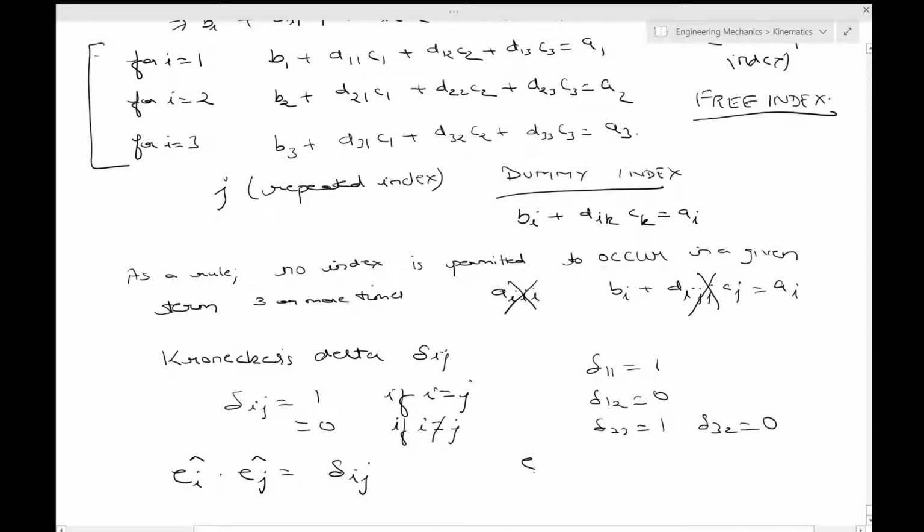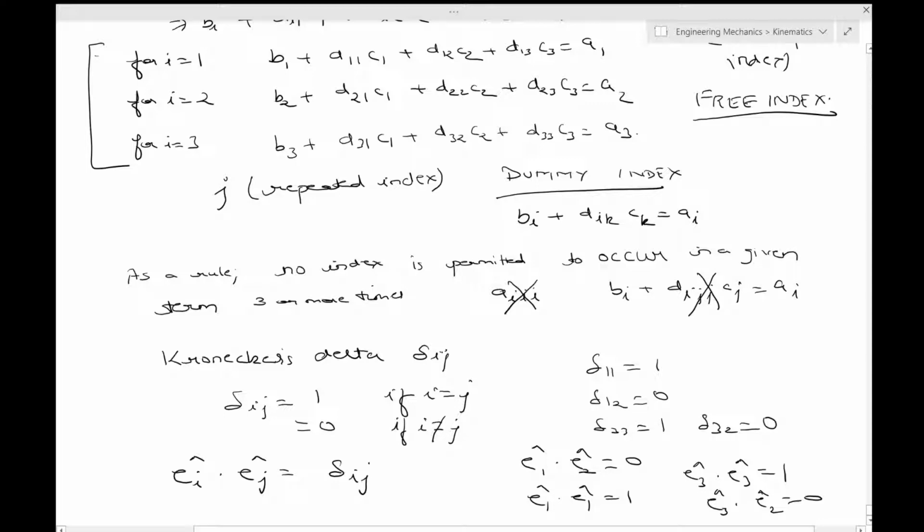Because e1 hat dot e2 hat will be equal to 0, e1 hat dot e1 hat will be equal to 1. Similarly, e3 hat dot e3 hat will be equal to 1, and e3 hat dot e2 hat will be equal to 0. So this Kronecker's delta is also used to show this particular dot product.